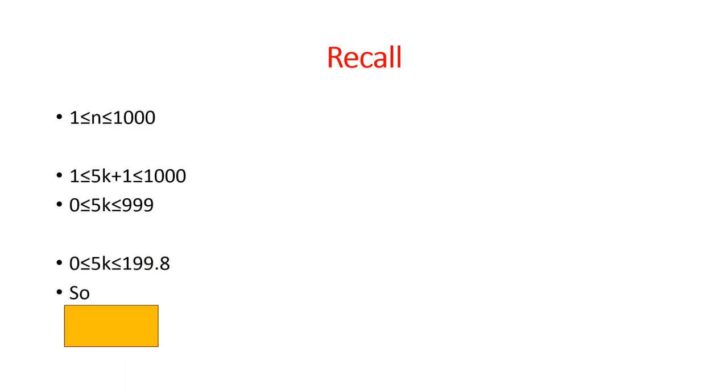As a result, I apologize, I wrote 5k, this should be k: k should be between 0 and 199.8, so k would take 200 values. So there are 200 numbers that make the equation which I gave you at the beginning divisible by 25.